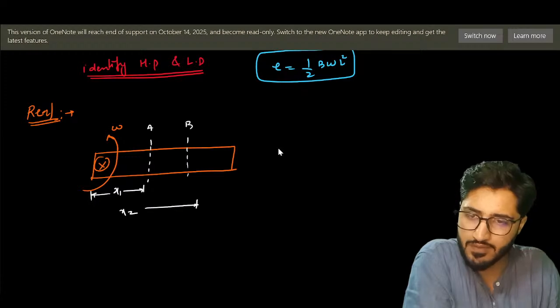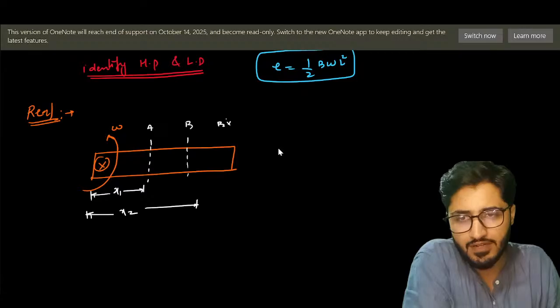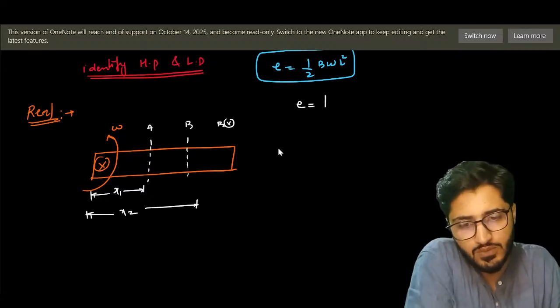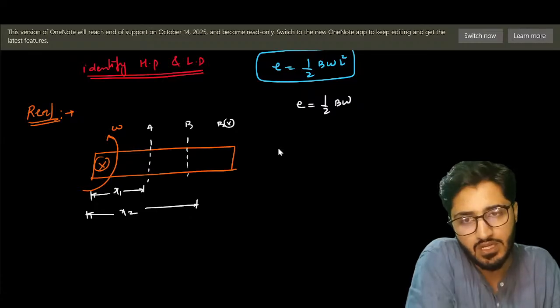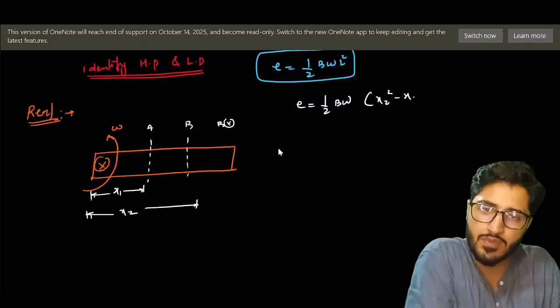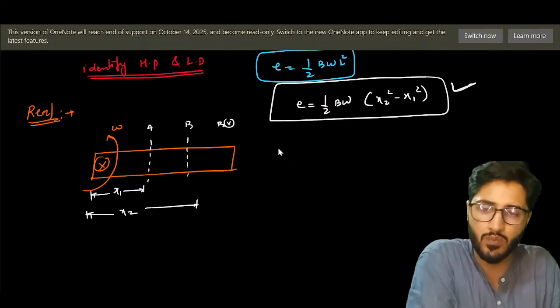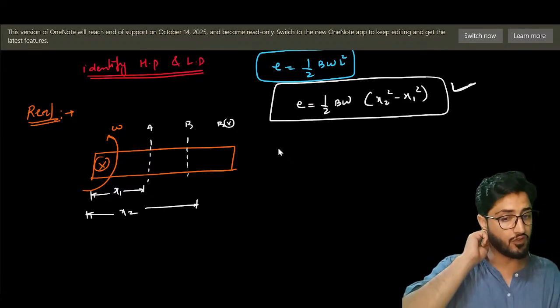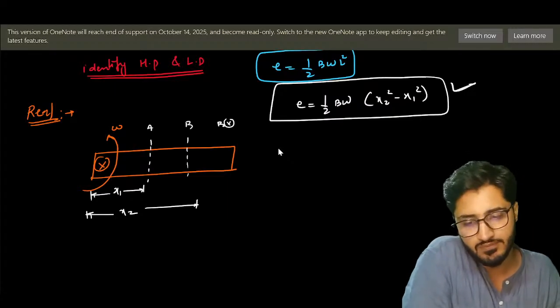So the real formula is 1 by 2 B omega times the displacement, which is x2 square minus x1 square. This is my real formula that you can use anywhere.